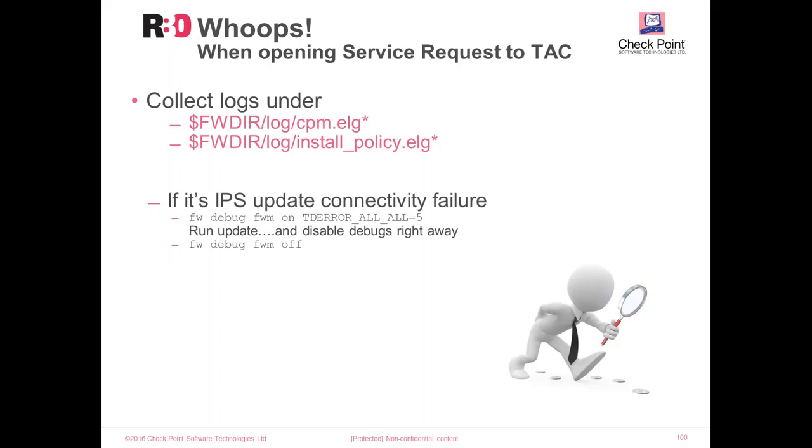This contains information on what's going on while doing the threat prevention policy install or IPS policy install. If it's a problem with IPS update connectivity, you need to enable additional debugging. So do a fw debug fwm, because we need to collect the fwm logs during the update. So collect the log file and send that into the service request.